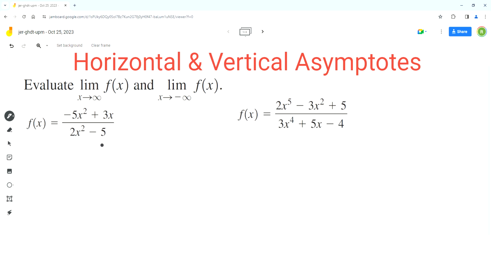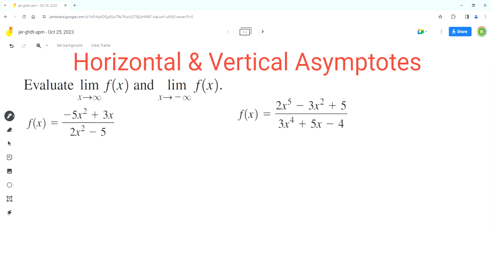Now this is a rational function, and in order to evaluate the limits at infinity, we'll have to change this expression so that it becomes easy to evaluate these infinity limits. For that, we'll have to analyze the degree of the denominator of this rational function.